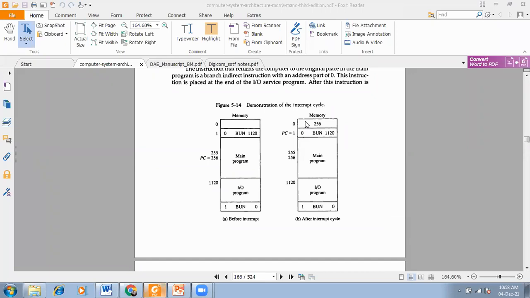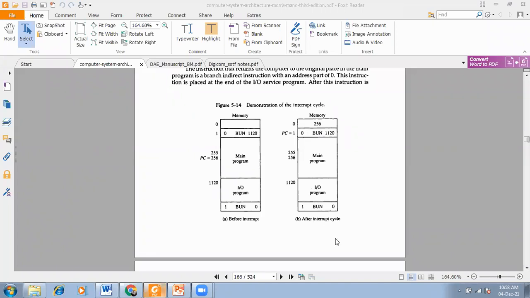You have to reset. Sorry, you have to set the content of the program counter to 1. Because you have kept the returning address at 256 and the program counter content is 1, and now it begins its operations.